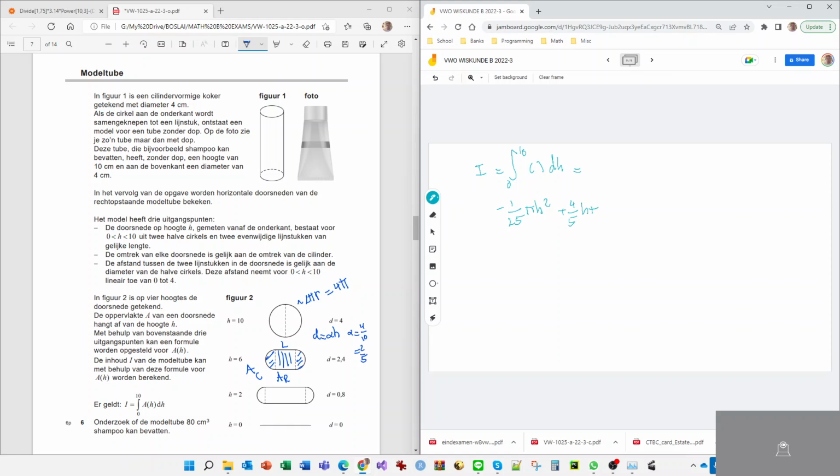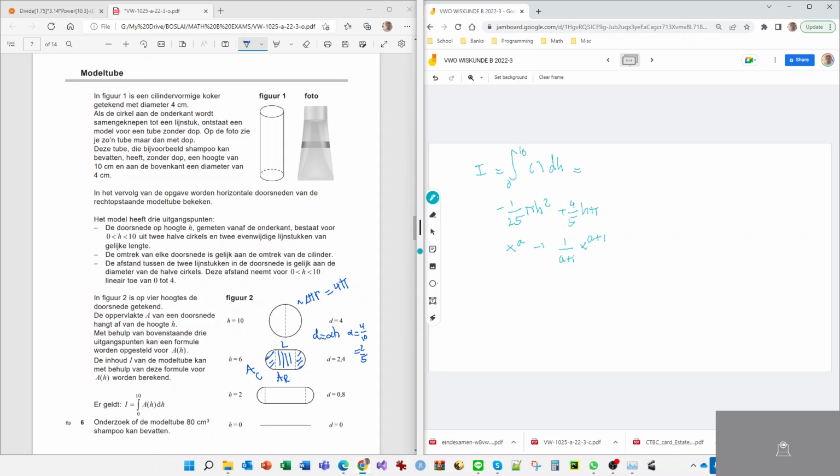Actually, you could put this in your calculator as well, since it doesn't have to be done exactly. But the primitives are not so difficult. As you should know, the primitive function of x to the power a is 1/(a plus 1) times x to the power a plus 1.